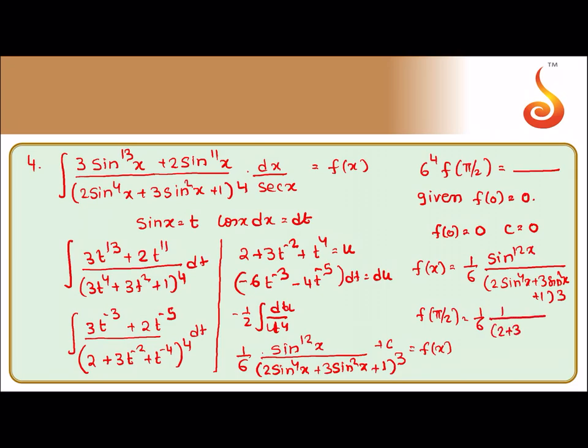If I put f of pi by 2, we get 1 by 6 into 1 by 2 plus 3 plus 1, whole cube. That's the reason this is 6 to the cube, 6 to the power 4. F of pi by 2 is equal to 1. They can ask you integer type of questions. So the answer will be 1.